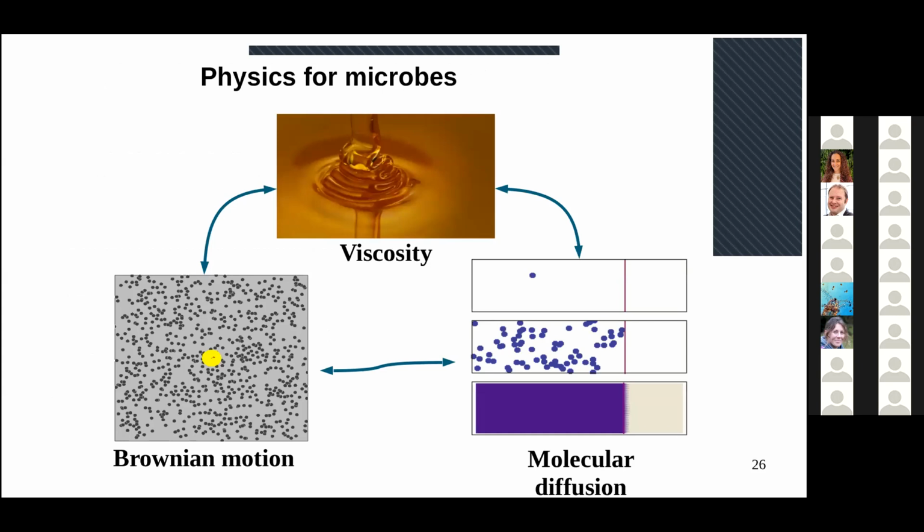And to simplify again, I'm just going to consider the two main effects that increasing viscosity may have at these scales for the microorganisms. One is that it will slow down particles moving either actively or passively. No, it will slow down sedimentation, but also it will slow down bacteria swimming, on one hand, and then it will also decrease the diffusion of molecules.